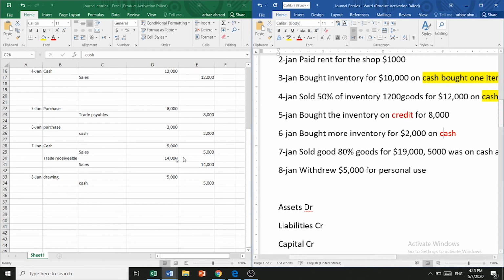In this case I have just written cash. So we receive the goods, that is debit. Purchase is an expense. Cash, we are giving out the cash instantly, and that is decreasing our bank account or cash account, and it's credit. So in this case 2,000 debit, 2,000 credit.